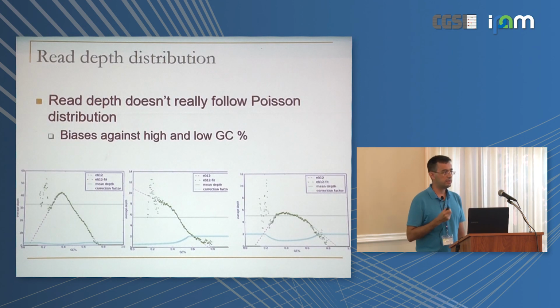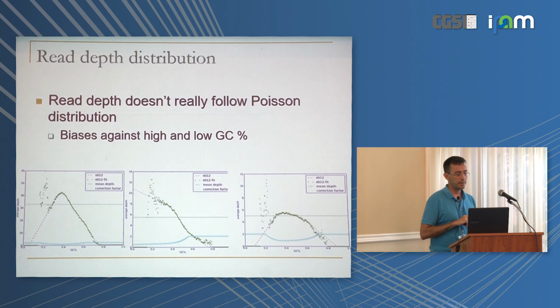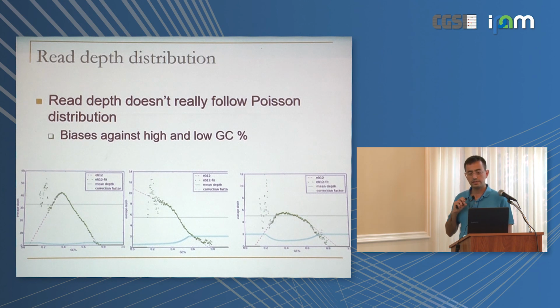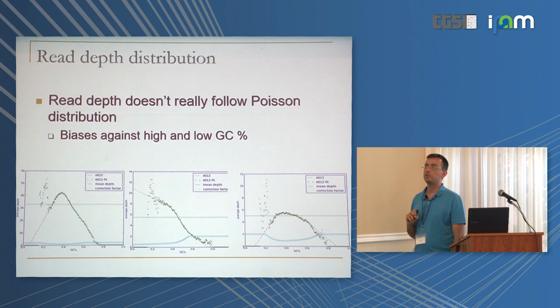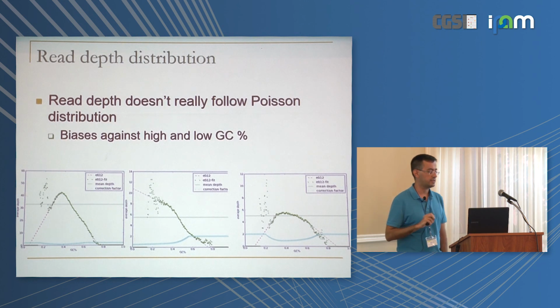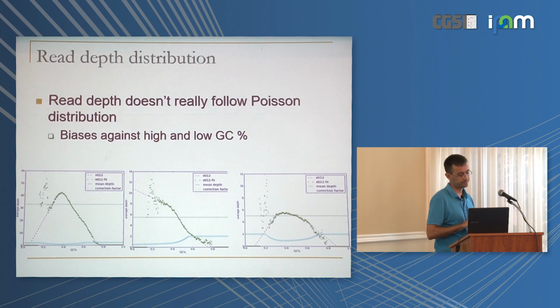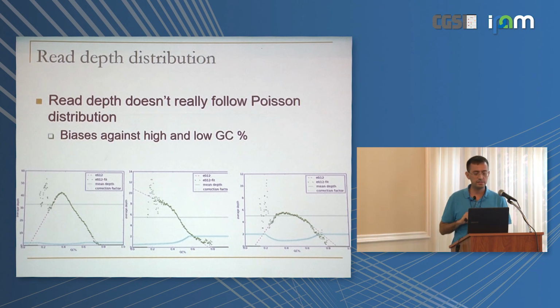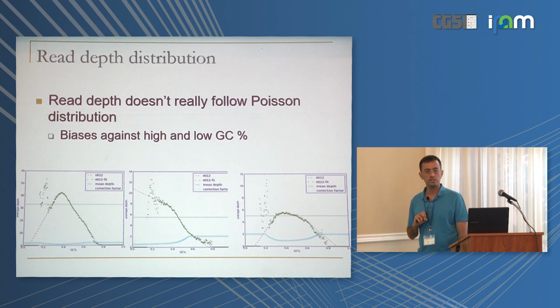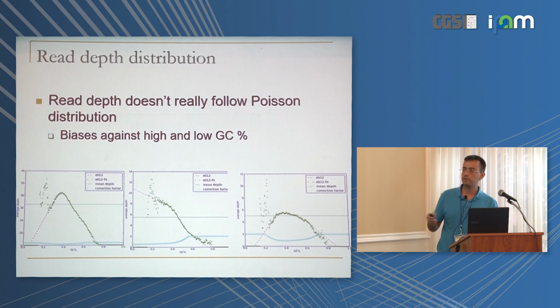So when we are looking at the read depths and when we are counting, we also have to take into account that the read depth distribution is not uniform. It's not even Poisson. There are biases against high and low GC content regions. And these are 3 different sequence data sets from the 1,000 Genomes project.